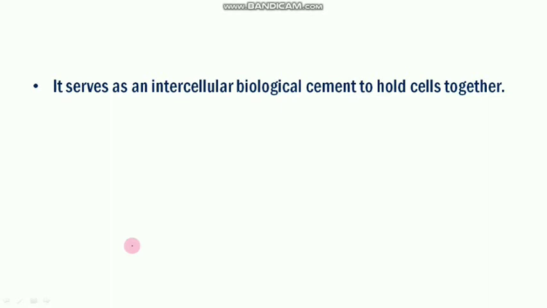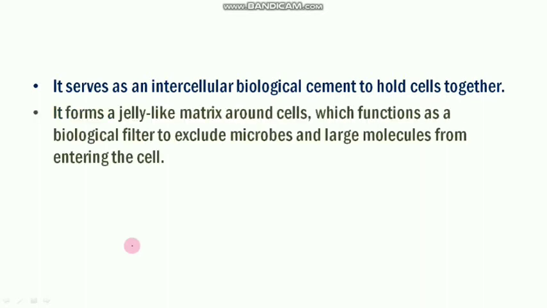The hyaluronic acid serves as intercellular biological cement to hold cells together. Hyaluronic acid forms a jelly-like matrix around cells which functions as a biological filter to exclude microbes and large molecules from entering the cell. So it is a kind of second level of protection.